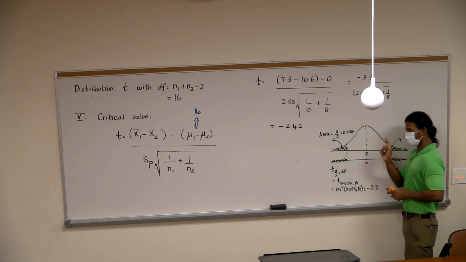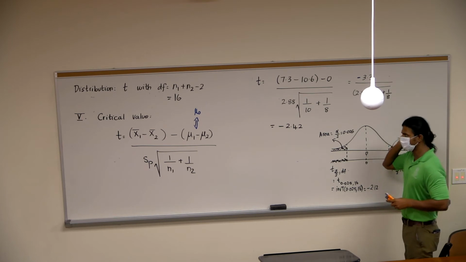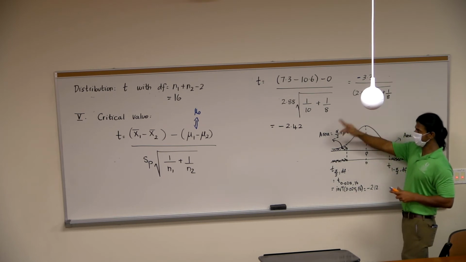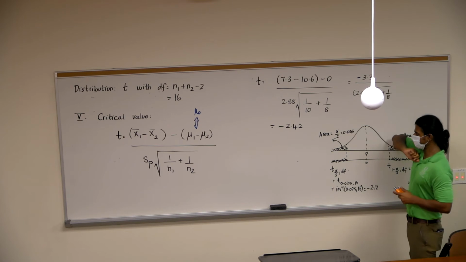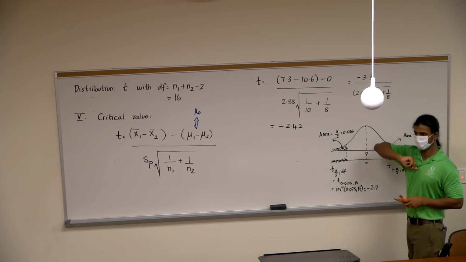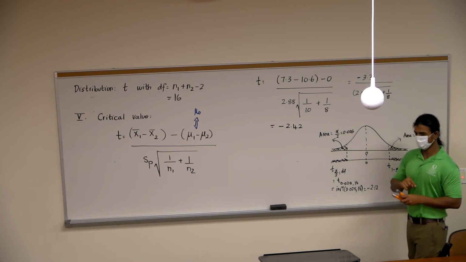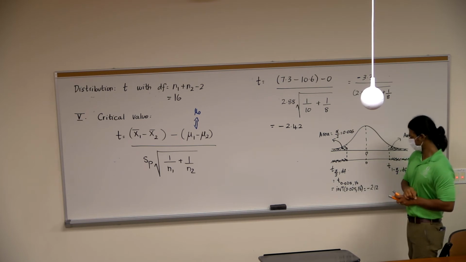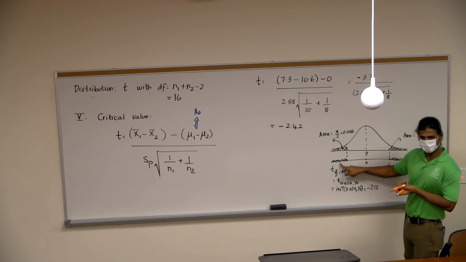So where does the test statistic fall? The test statistic is negative 2.42. So does it fall in the rejection region? Yes, so it's probably right there. Agreed.